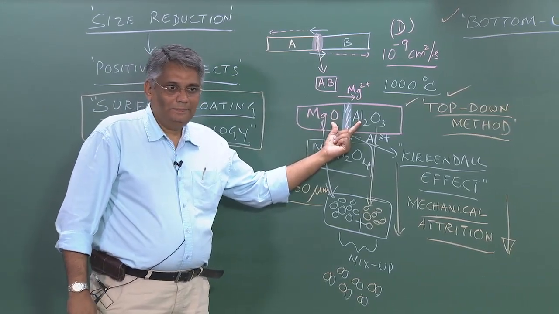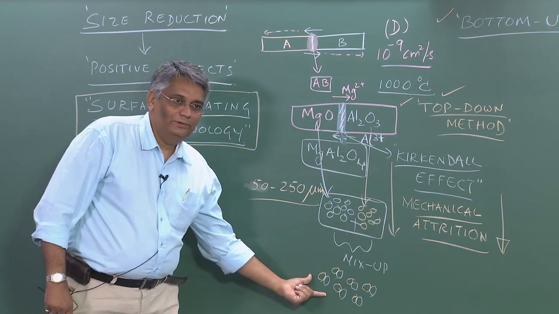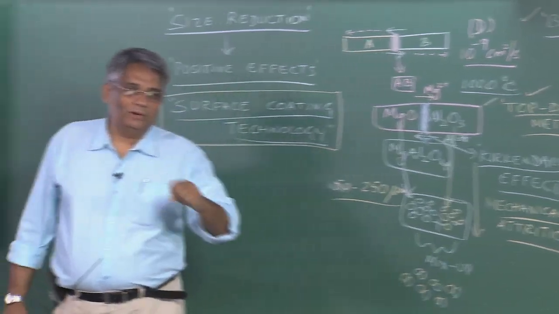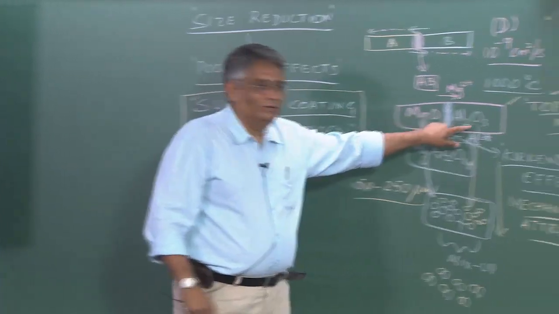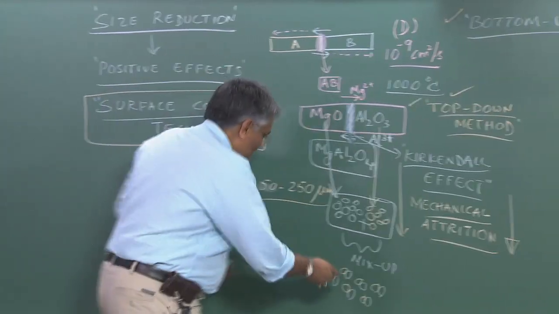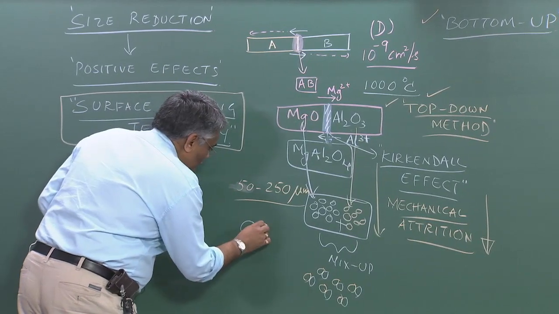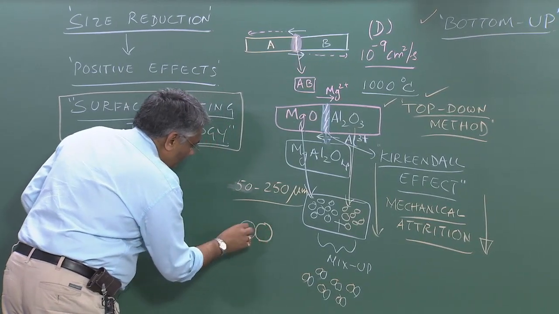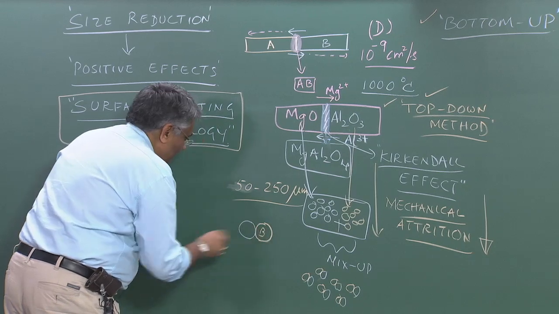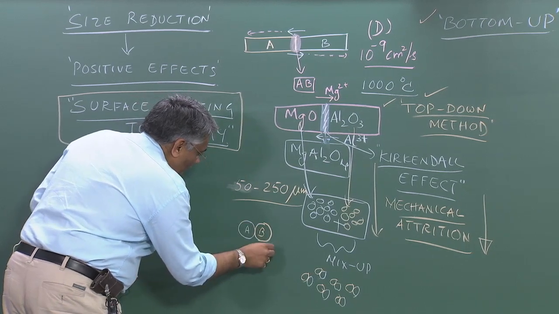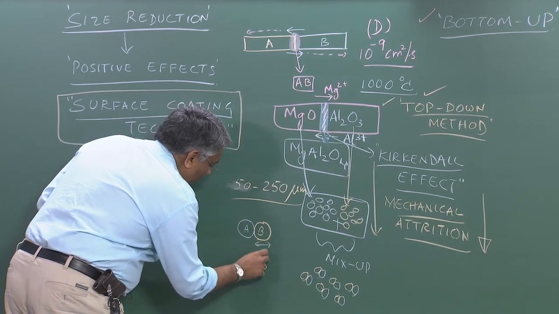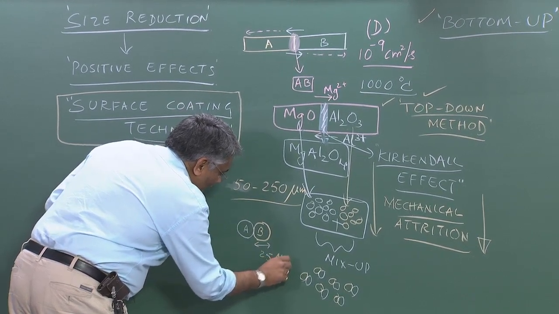Now, imagine you can make the reaction happen between individual smaller particles of magnesium oxide and aluminum oxide, right? So, this is now a particle, this is B, this is A. Now, you are looking at a particle of, say, 25 microns.